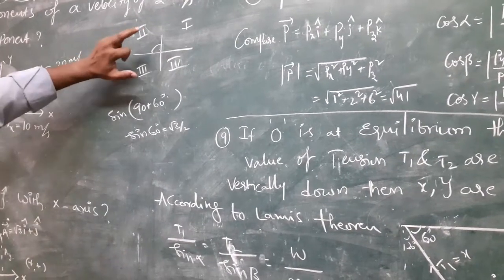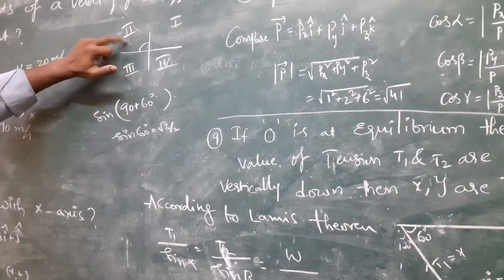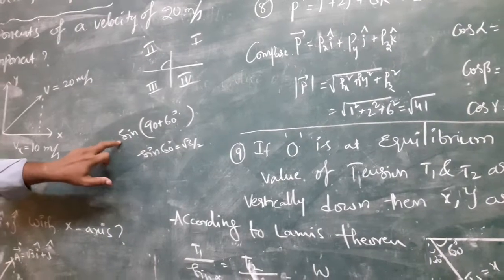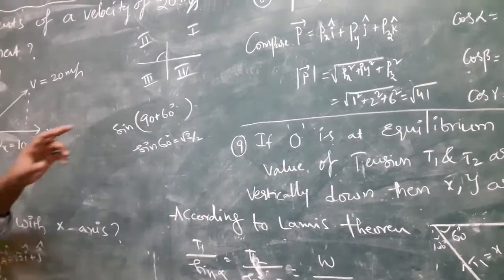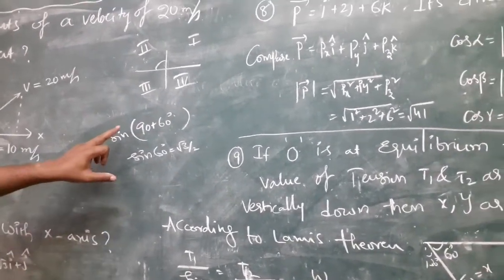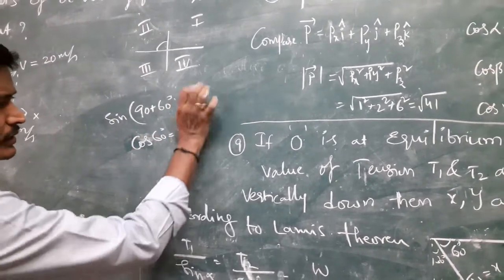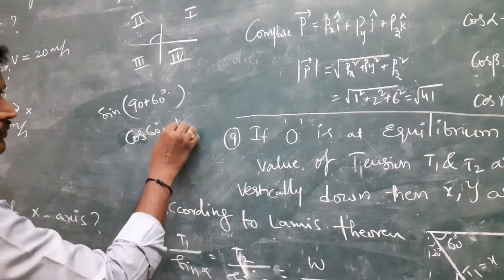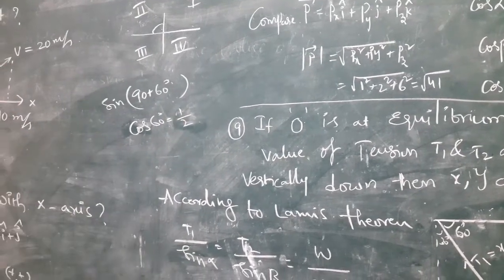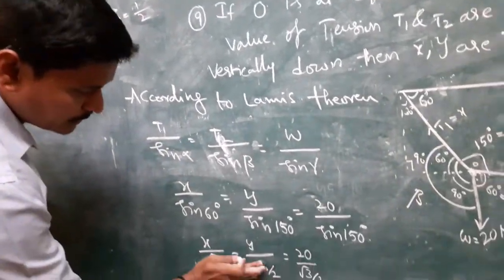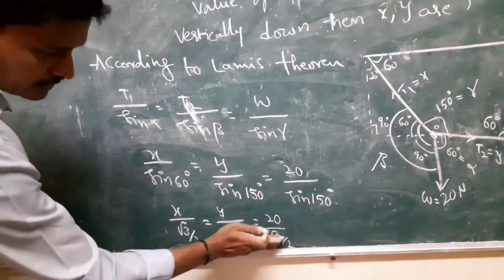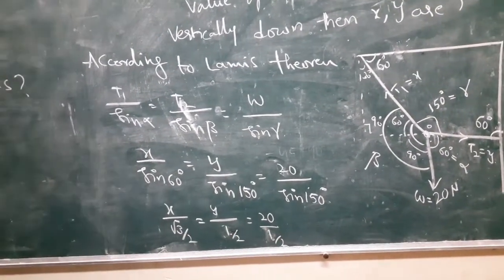Here sine 90 plus theta is in the second quadrant, where sine is positive. The remaining are negative. So it can be considered as cos 60, that is equal to 1 by 2. This is also 1 by 2.